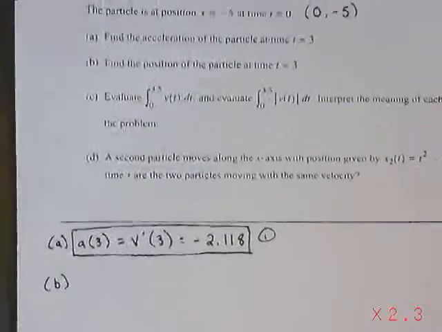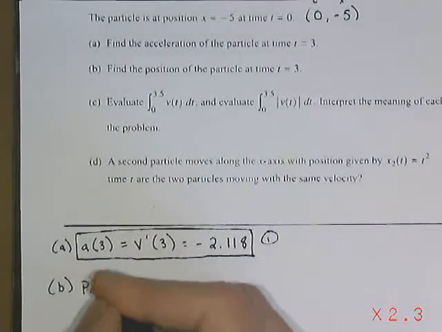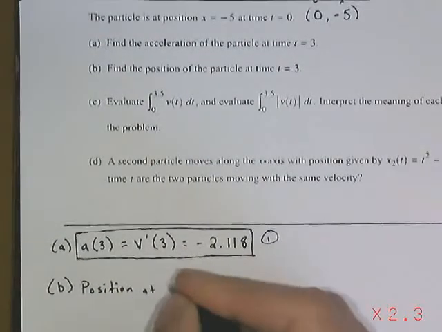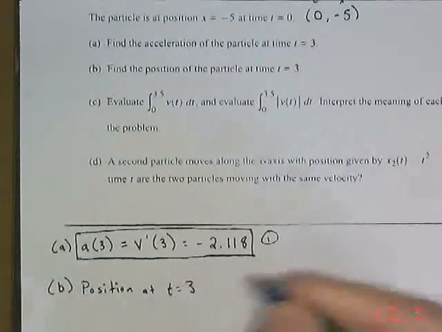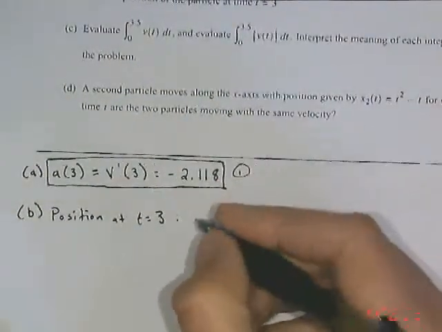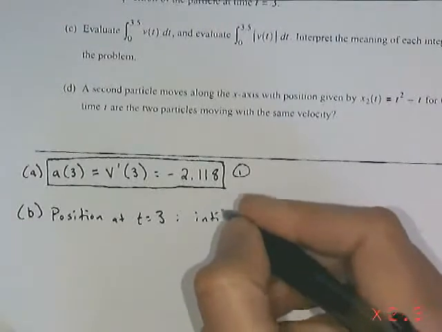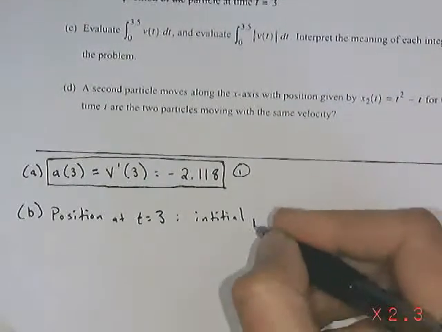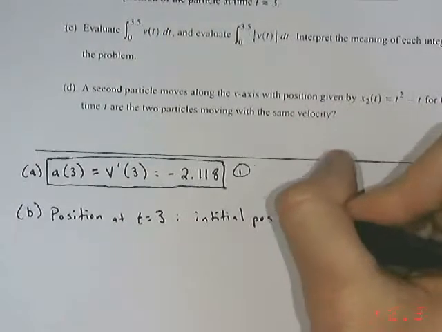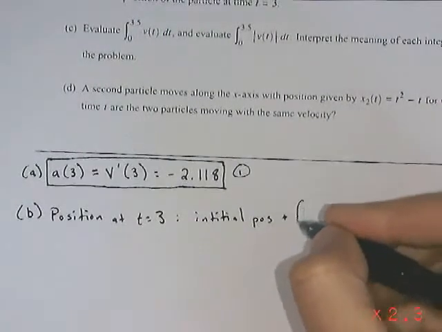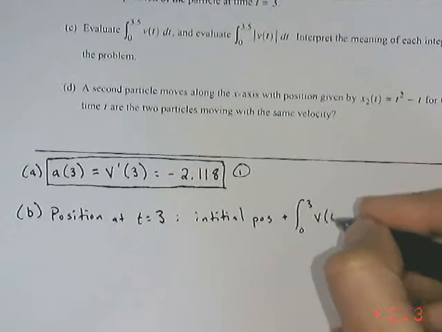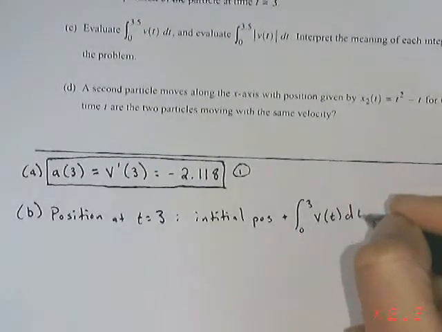So if we want the position at t equals 3, it's going to be our initial position plus the definite integral from 0 to 3 of v of t dt.